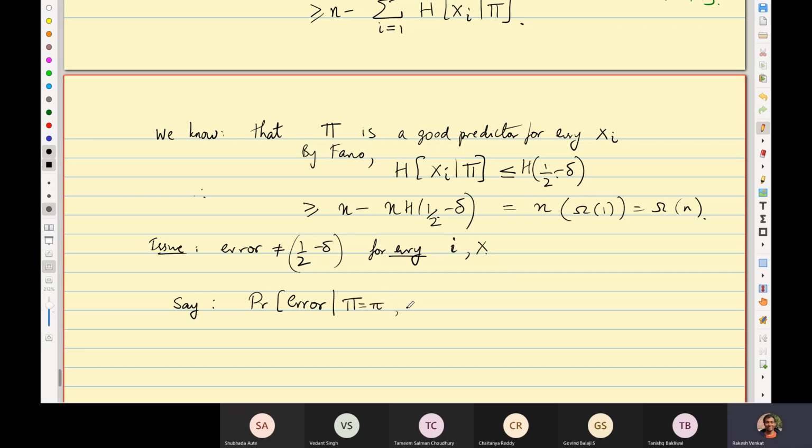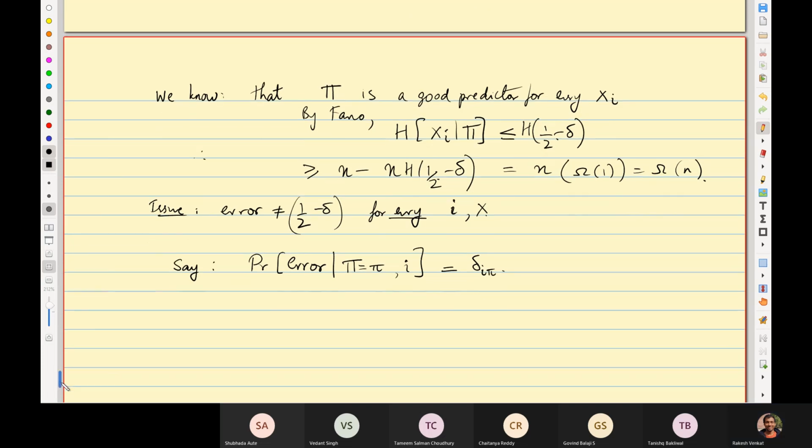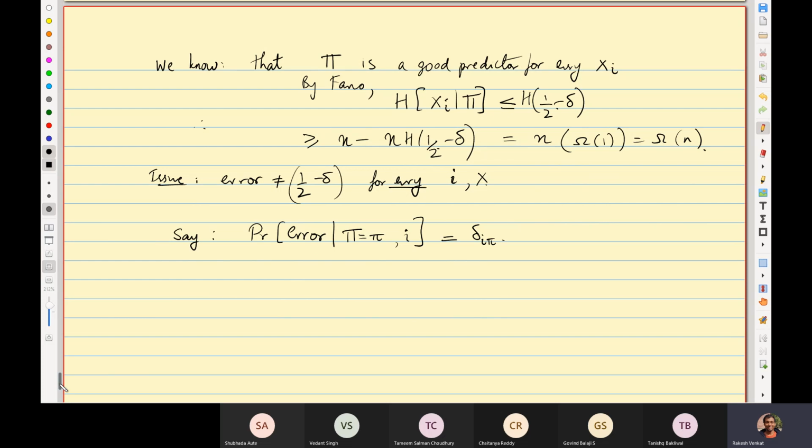So for a given message and a given index, let the probability of error be some delta i pi. For this there is a probability of error, and I'll write it as half minus delta.